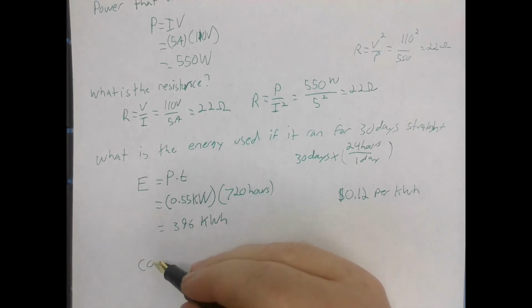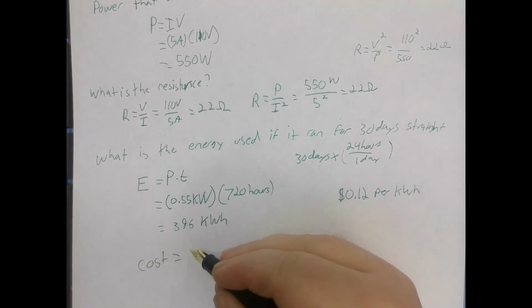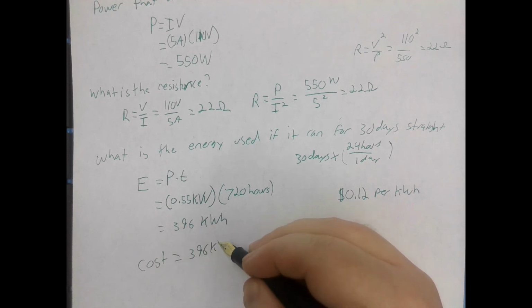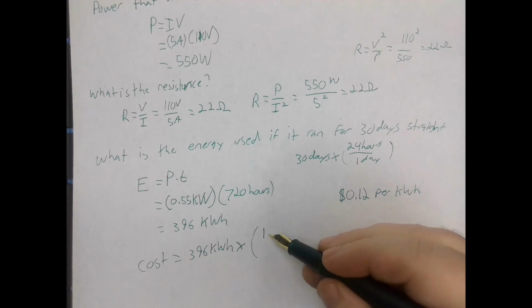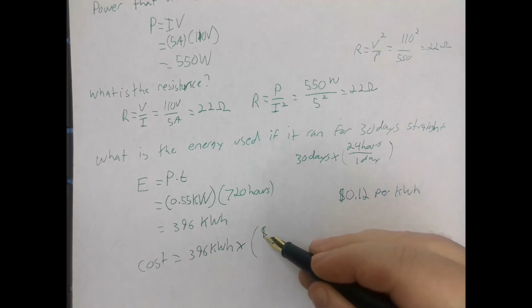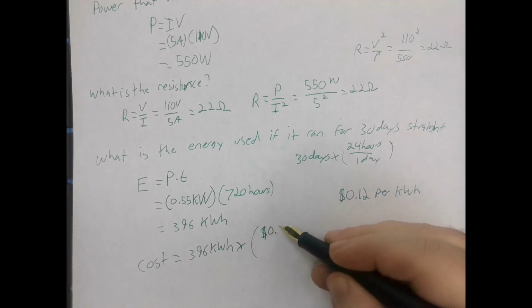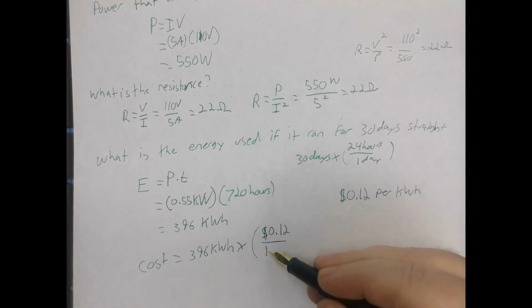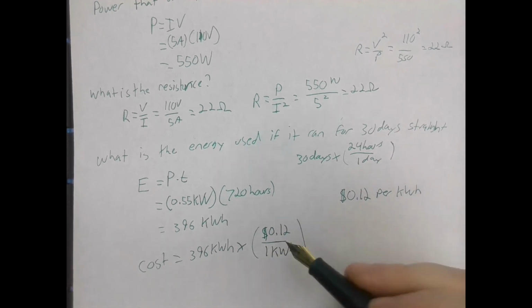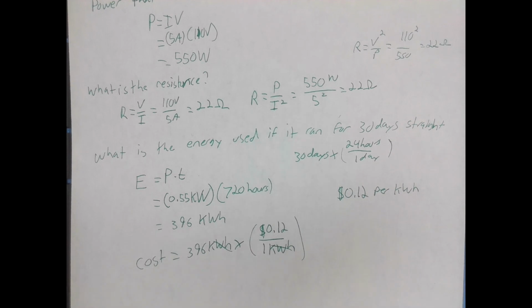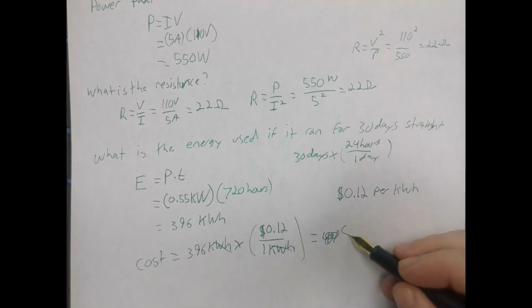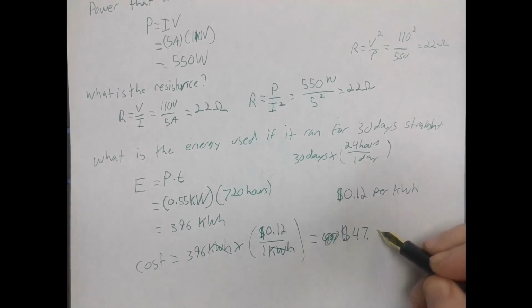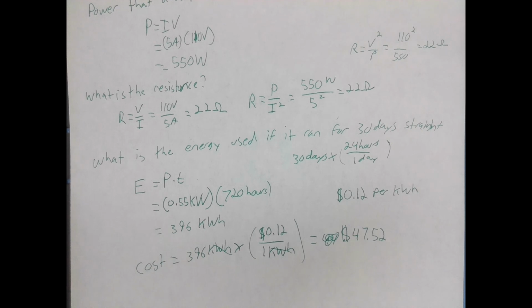So the cost would equal 396 kilowatt hours times the ratio of 12 cents for 1 kilowatt hour. Kilowatt cancels, leaving us dollars. That's equal to $47.52 to run a refrigerator for a month.